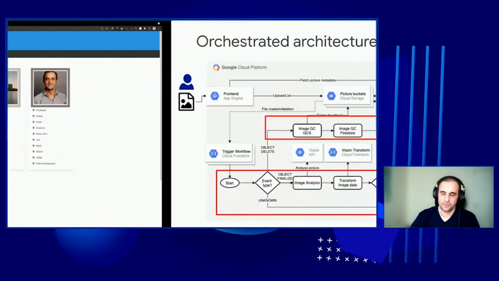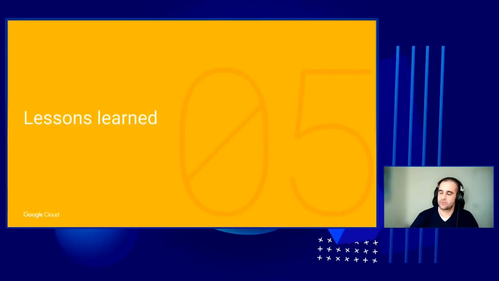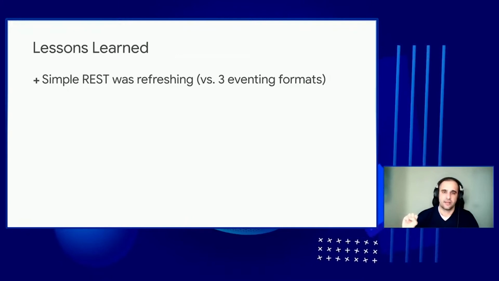All right. So that's what we did. And what we learned in this transformation from event-driven to orchestration is that, first of all, you've seen that in event-driven architecture, we had 3 different eventing formats. And with that, we had some complexity that was increasing. When we switched to workflows, we said, okay, let's not deal with all these different formats.